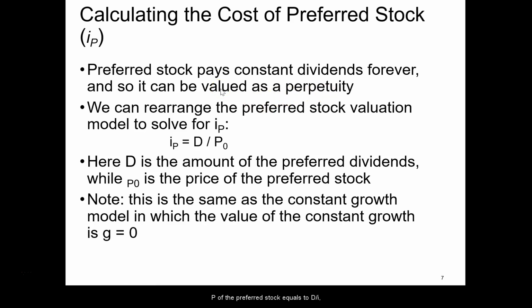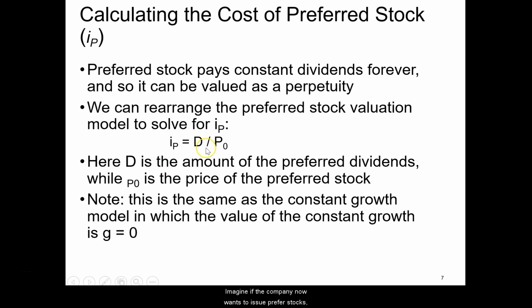If you remember, P of the preferred stock equals D divided by I, the dividend from the preferred stock divided by the required rate of return from the preferred stock. Then if we just rearrange that formula and assume that we have the market price for the preferred stock, we would have I equals D, dividend, divided by P0, which is the price for the preferred stock. And we can actually use this equation to estimate the cost for the preferred stock.